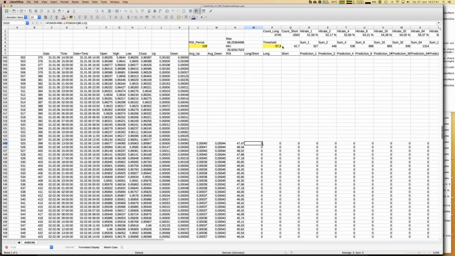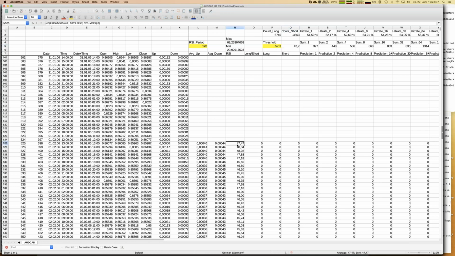And if the indicator is below the other cell here, which is just 100 minus the first one, so symmetrical boundaries for this RSI consideration for trades, then of course we would virtually open a long trade.